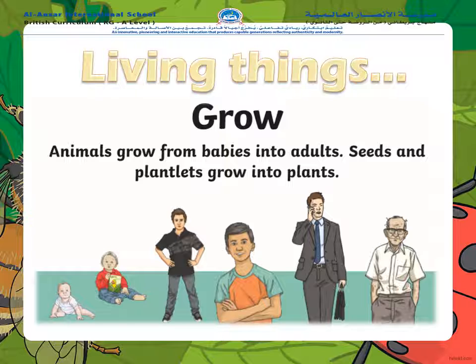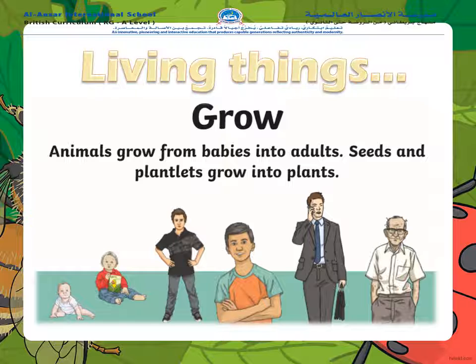Let's have a look. Here we are. Living things grow. Animals grow from babies into adults. Seeds and plantlets grow into plants. So as you can see in the picture, all the humans, they grow from baby and until they reach adulthood.